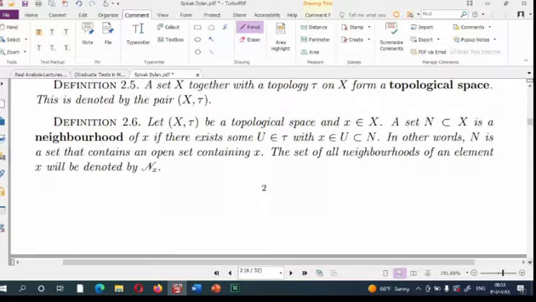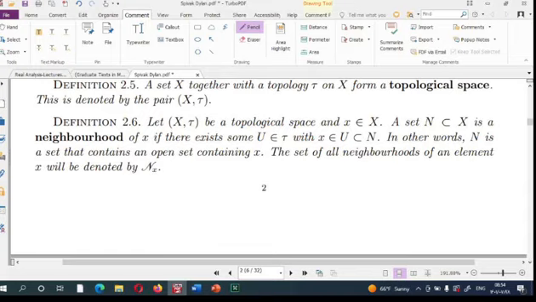And we have this definition. Let X and tau be a topological space, and x is a member of X. A set N, or a subset of X, is a neighborhood of x if there exists some element of topology with this property.